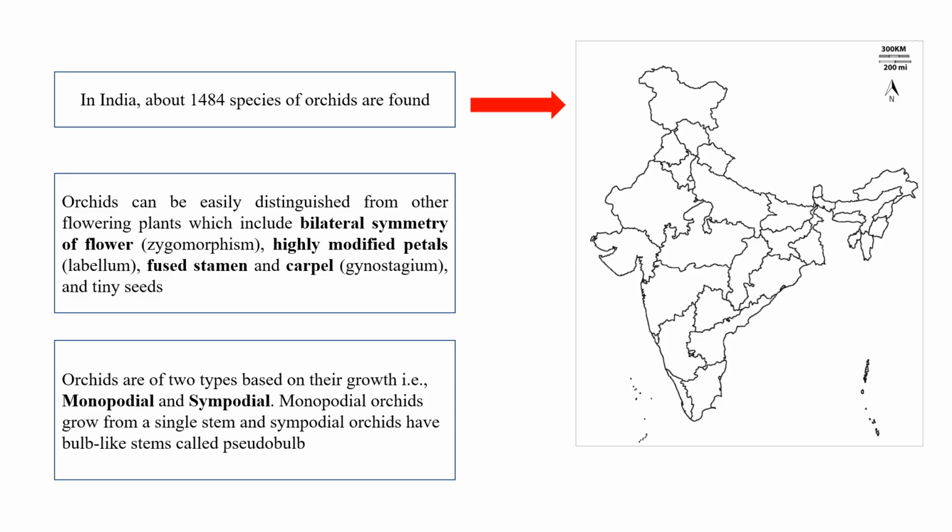So these are some of the orchid morphology, how it is distinguished and how you can identify it. Orchids grow in two types, monopodial or sympodial. Monopodial orchids grow on a single stem, and sympodial orchids have a bulb-like stem called a pseudobulb. Now we will move to our next slide.